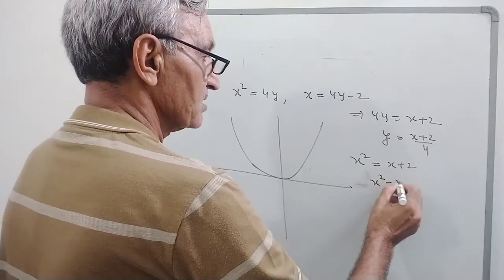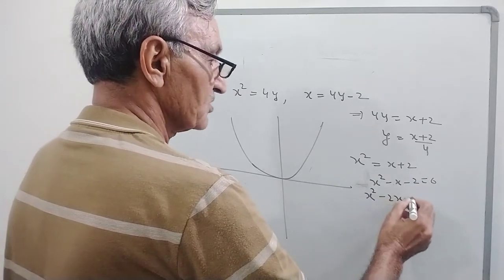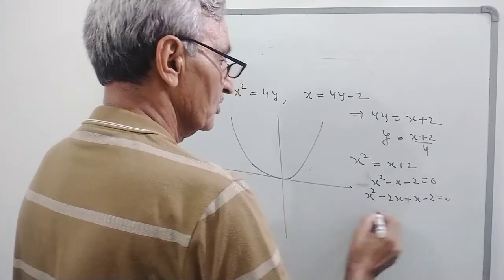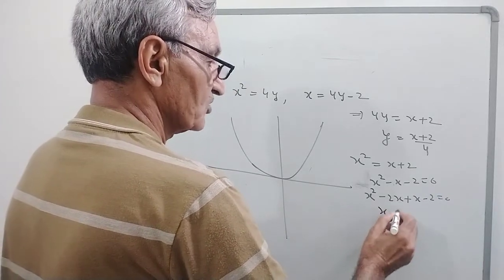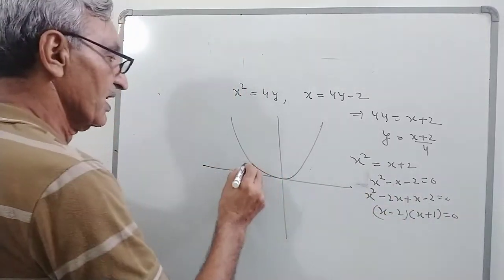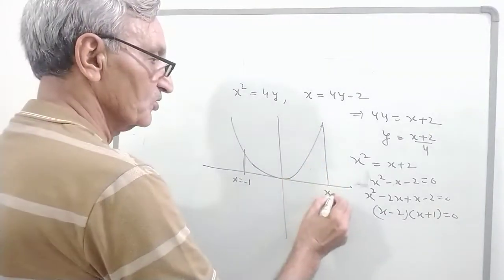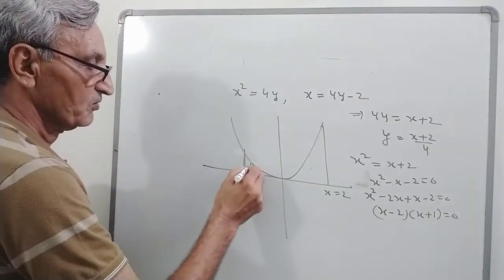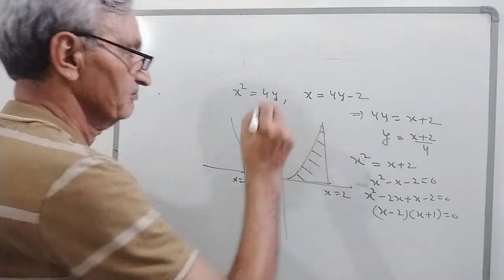X square minus x minus 2 is equal to 0. X square minus 2x plus x minus 2 is equal to 0. X minus 2 into x plus 1. So here I got two points: x is equal to -1 and x is equal to 2. This is the graph. Between this curve and this line, I want to find the area.